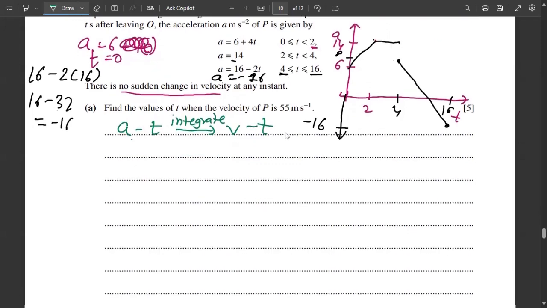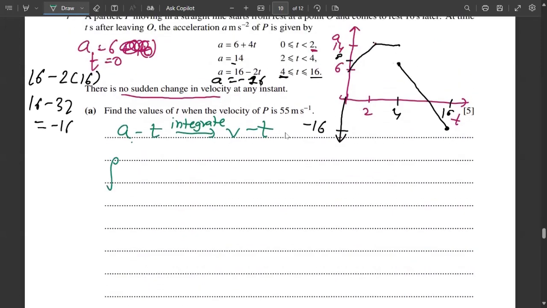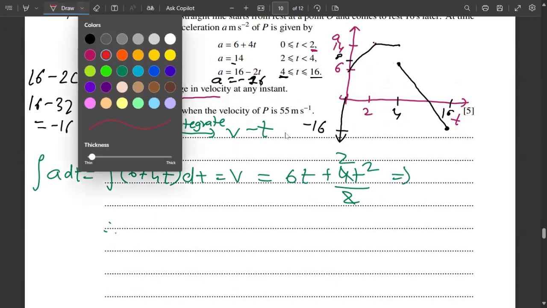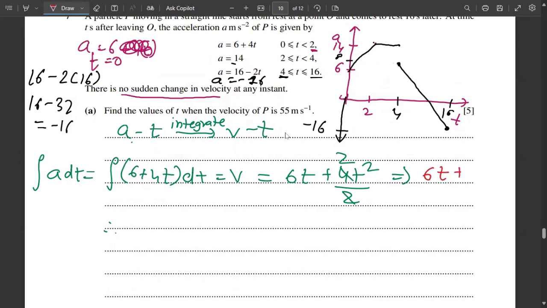In order to integrate, let's first integrate this. Integral of A dt is equal to integral of 6 plus 4t dt, which will give us the velocity time graph, which is 6t plus 4t square upon 2, which is 2t square. Therefore, the first is 6t plus 2t square.